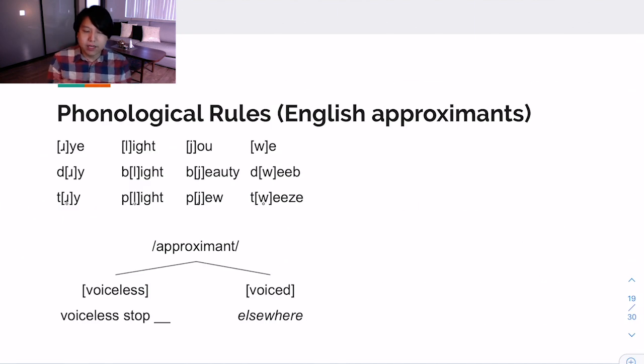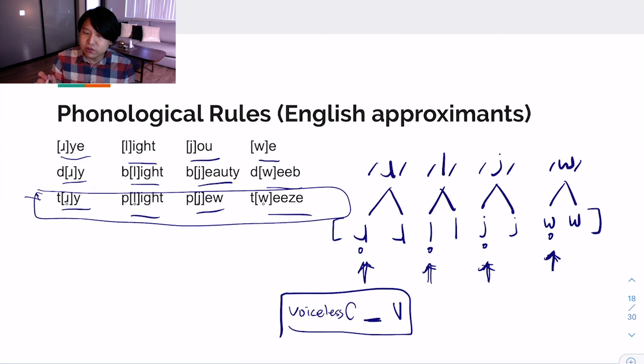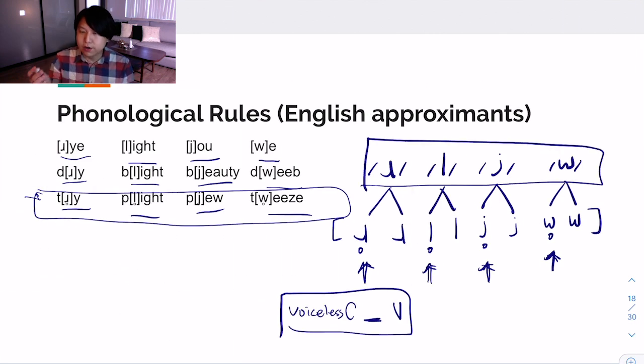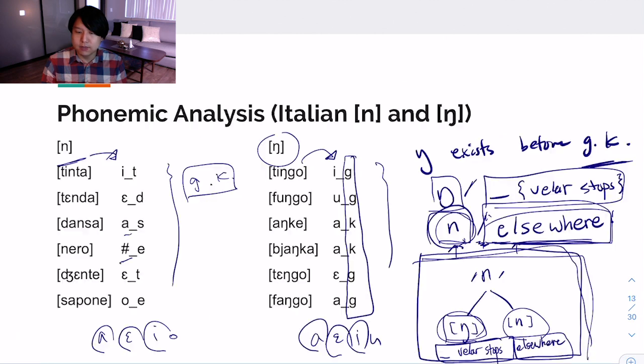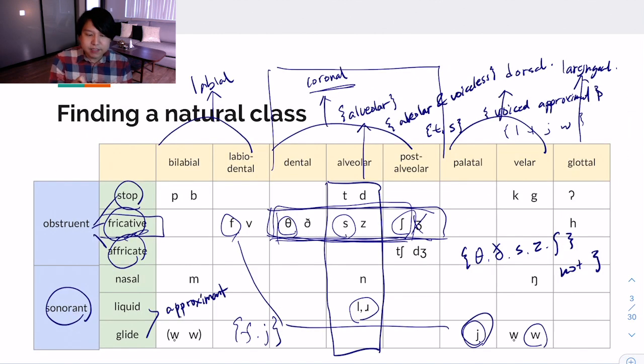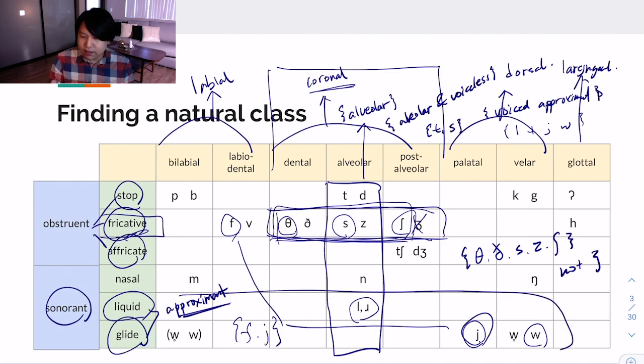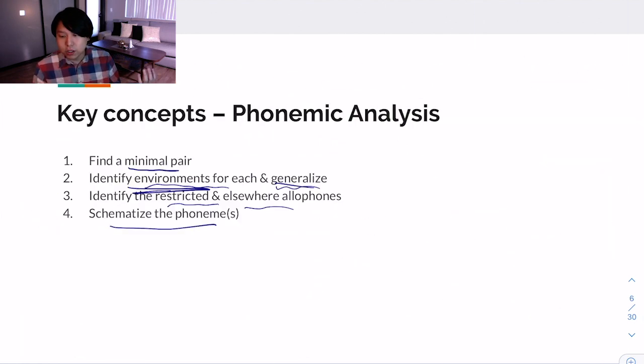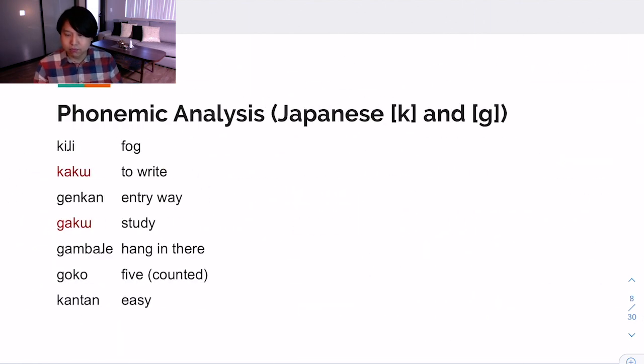So using a natural class, these four sounds are grouped together in a natural class called approximant, because if you see our English consonant table, approximant is a group including liquid and glide, and l, r, y, w are the English voiced approximants.